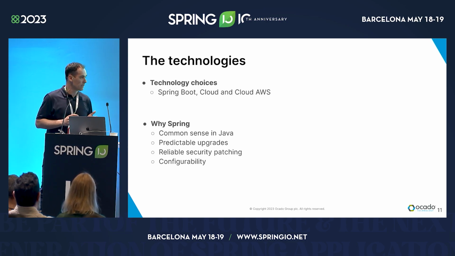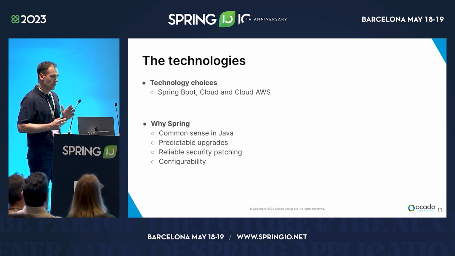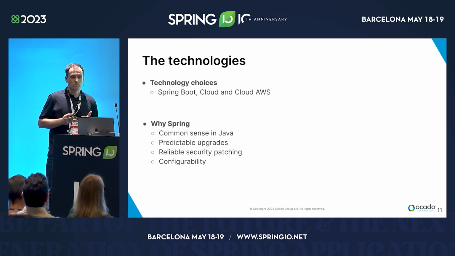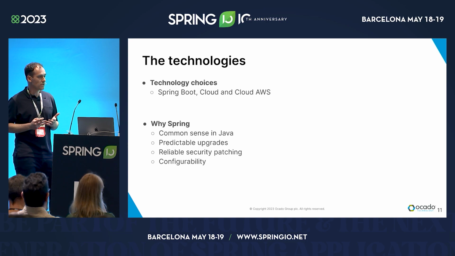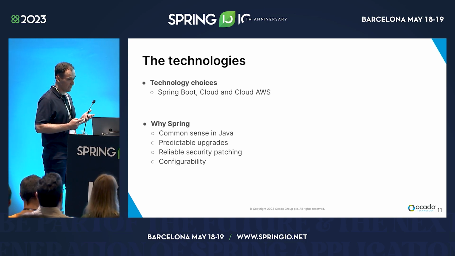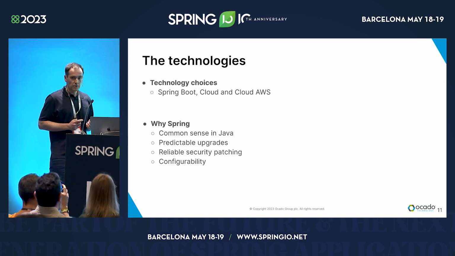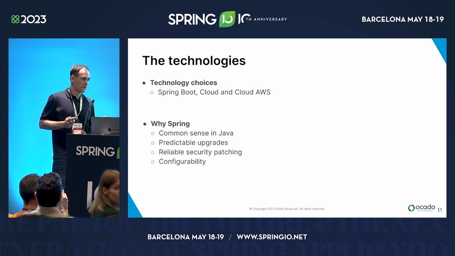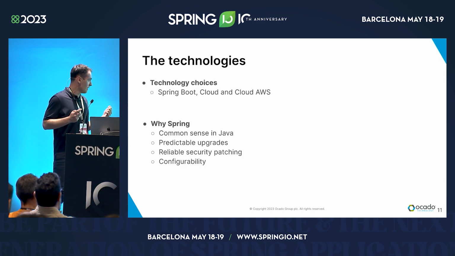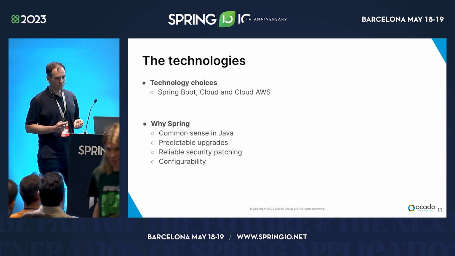I used to work in a couple of other technologies, and I find that Spring makes it easy for us to have common sense between developers, to hire developers, has predictable upgrades, it does it really well, and reliable security patching, and it allows configurability, which makes our mission easier because we want our libraries to be configurable.